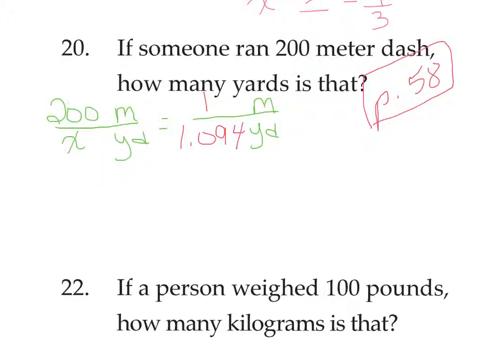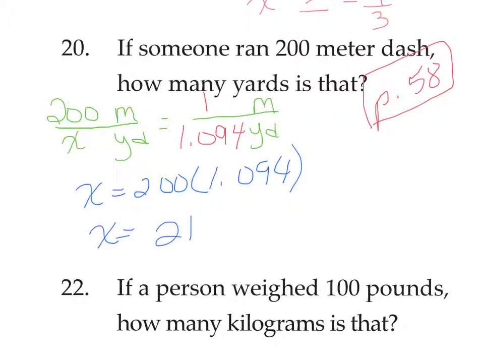So x times 1, or 1x, will equal 200 times 1.094. So you need to multiply this out, and you can do that over here on the side. Remember, no calculators for this stuff. That comes out to be 218.8 yards.